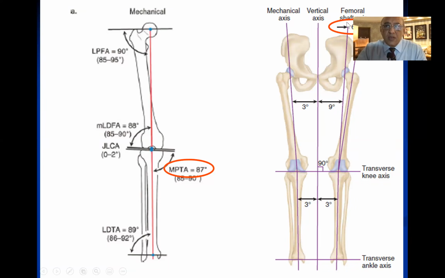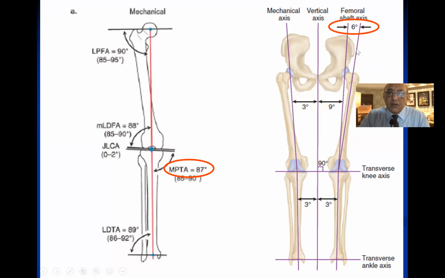Second thing is the angle between the anatomical axis of the femur and the mechanical axis of the femur, which is 6 degrees. And lastly is the joint line convergence angle, which is the angle between two lines, one touching the distal parts of the femoral condyles and one passing by the top of the tibial condyles.